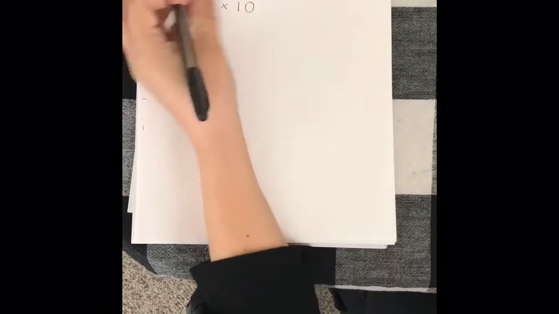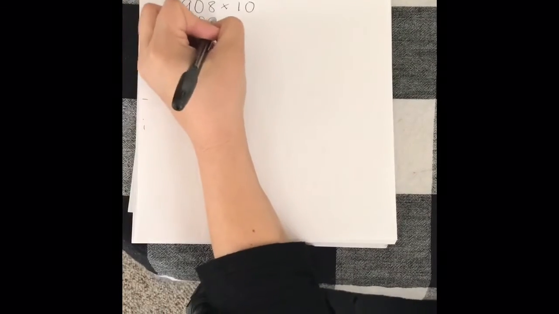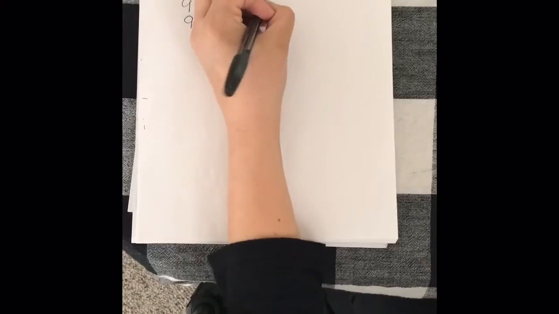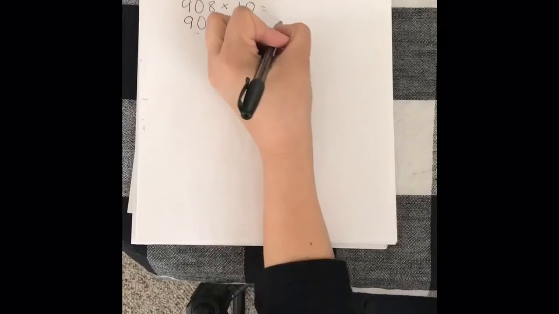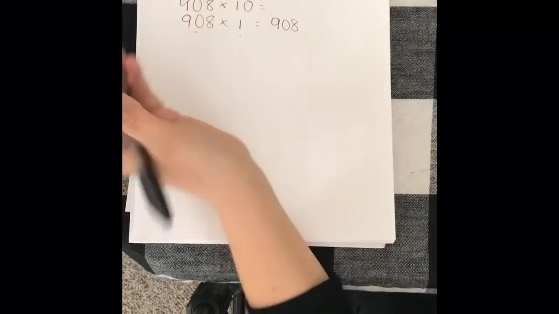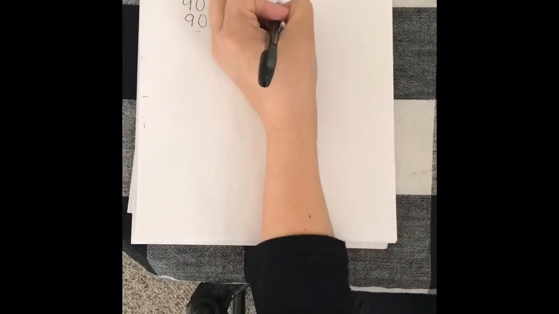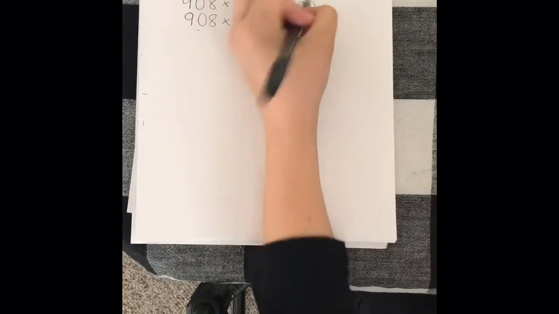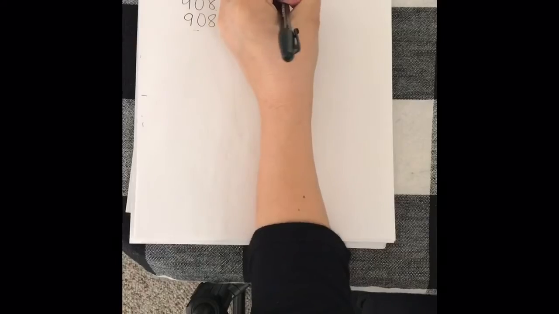I know some of you just simply count your zeros, and that's another strategy as well if you understand your patterns of 10. So we know 908 times 1 is 908. We know 908 times 10 is 9,080, noticing it's getting bigger by 10 times as much.